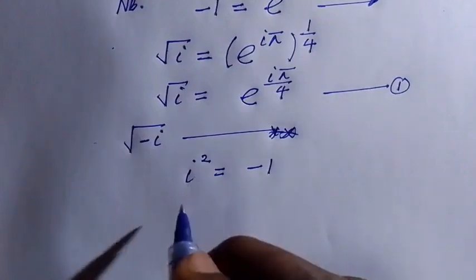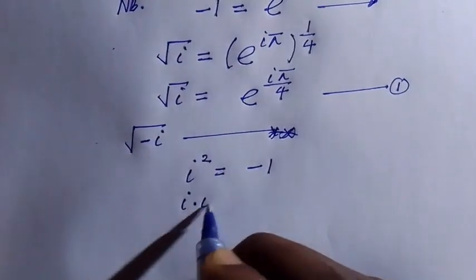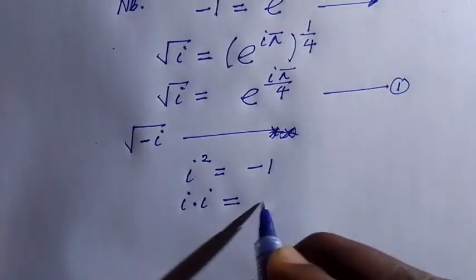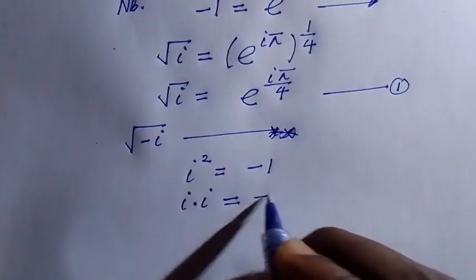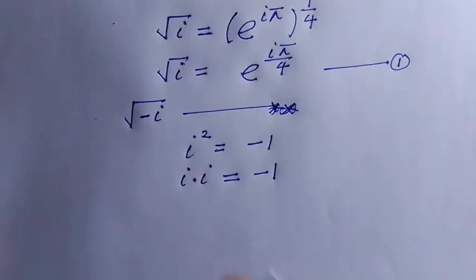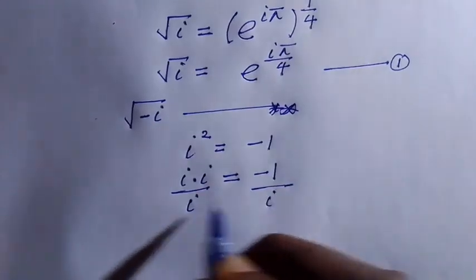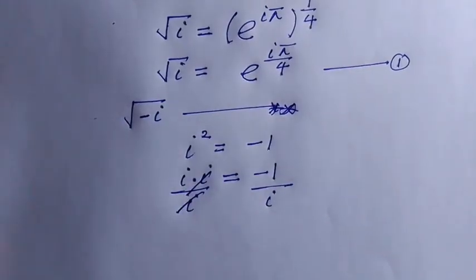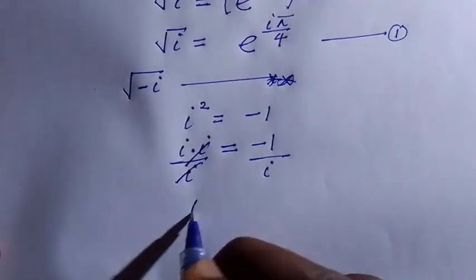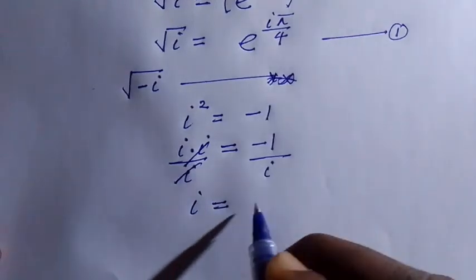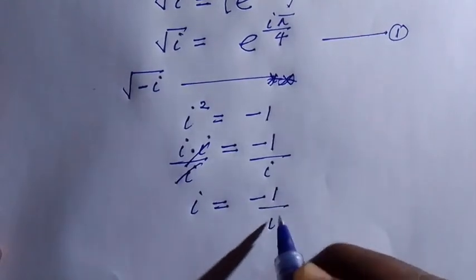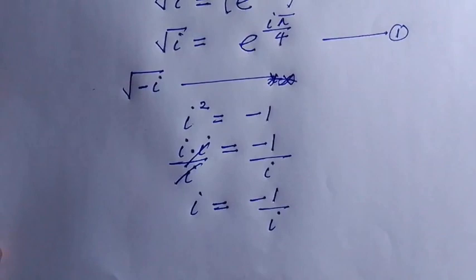We can write i squared as i multiplied by i, and everything equals minus 1. Suppose I divide both sides by i. What we get here is i equals minus 1 divided by i.